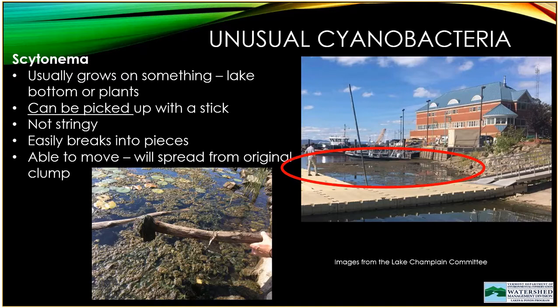If you were to take pieces and pull it apart, it would not separate into long hairs, it would break. If you were to put a piece of this in your jar and leave it for 15 minutes, you probably wouldn't see it change. It would not float to the surface. But overnight, you might see the individual cyanobacteria filaments migrating out of that piece along the edges of the jar and giving that blue-green coloring to the edge of the jar.